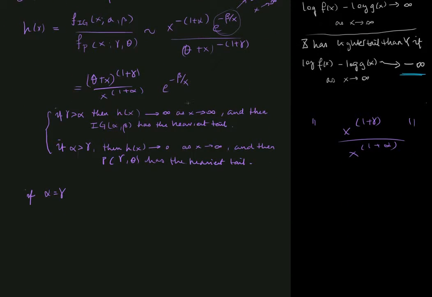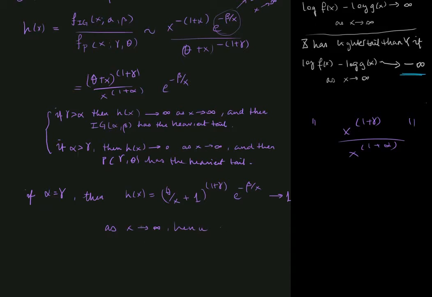But if gamma is equal to alpha, then h of x will be equal to gamma over x, theta over x plus 1 to the 1 plus gamma, right? Because then I can just take the denominator and put it up into the parentheses, and then multiplied by e to the minus beta over x. And this thing will just tend to 1 as x tends to infinity.